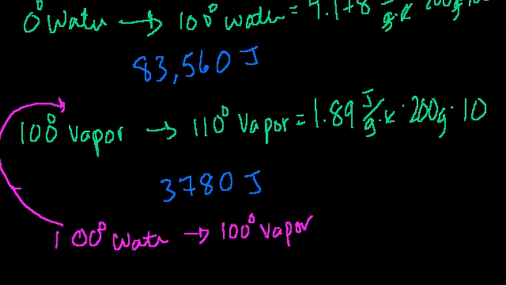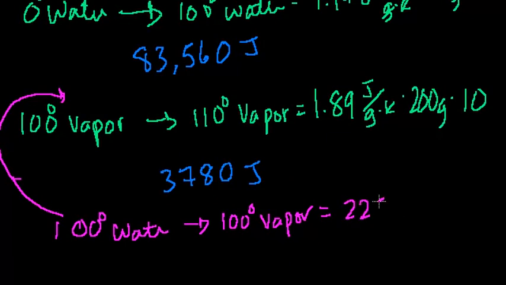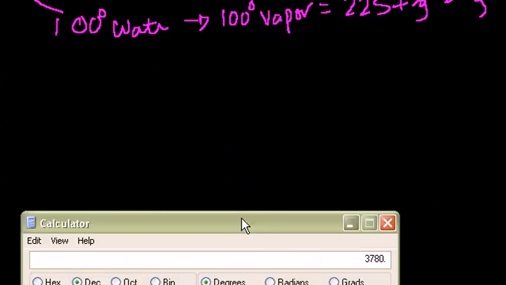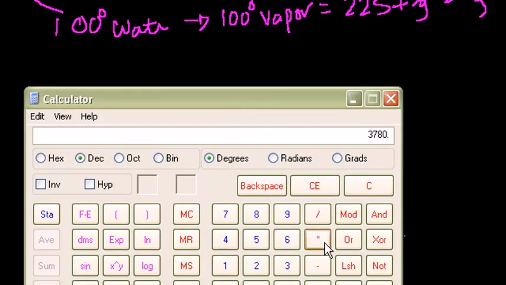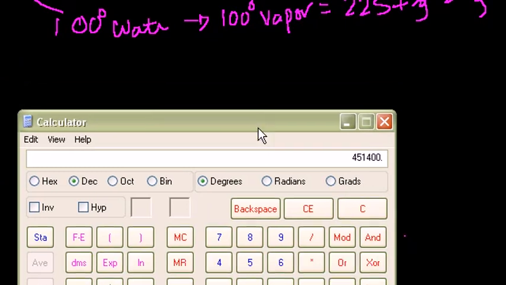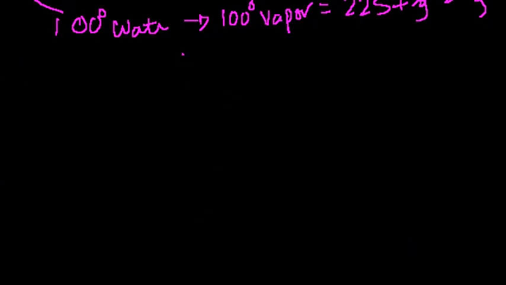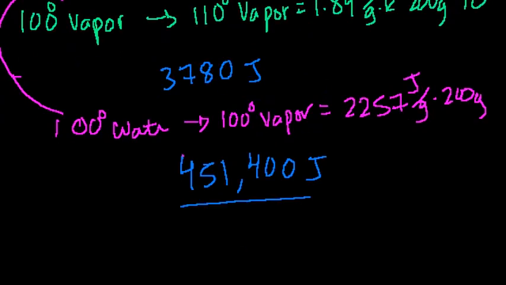I multiply the heat of vaporization, which is 2,257 joules per gram, times 200 grams. 2,257 times 200 is equal to 451,400 joules.